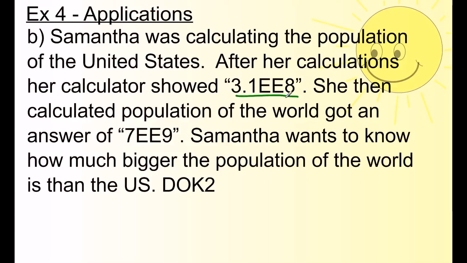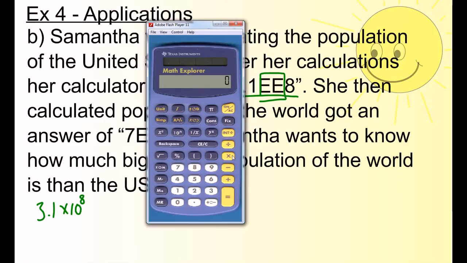So this 3.1 EE8 is the calculator's way of saying 3.1 times 10 to the 8th. And they use this EE notation just because it takes up less space. I mean, this would be harder to program a calculator to show, especially a dinky calculator like this. If I do 3.1 times 10 to the... it doesn't show it right.